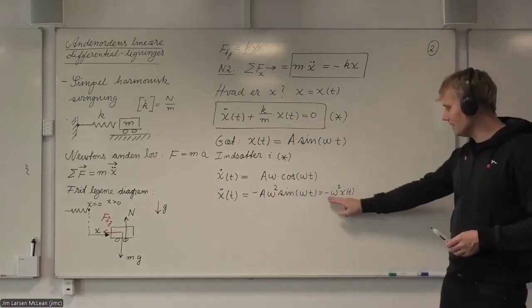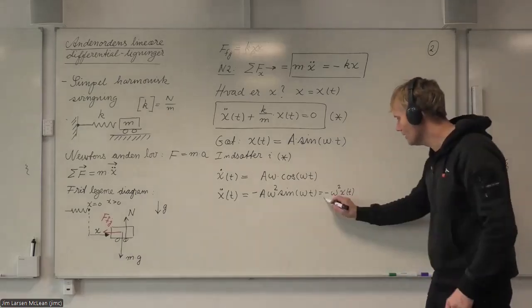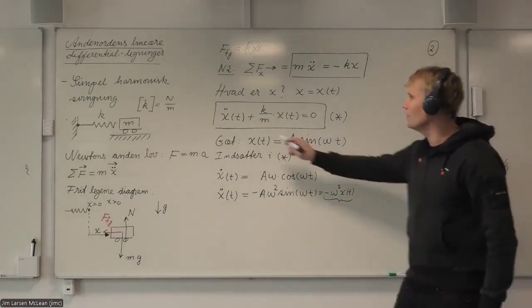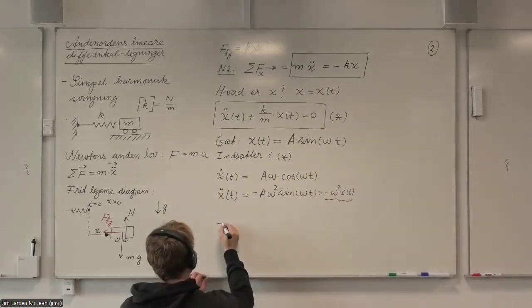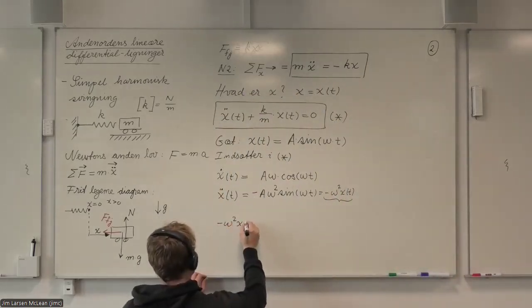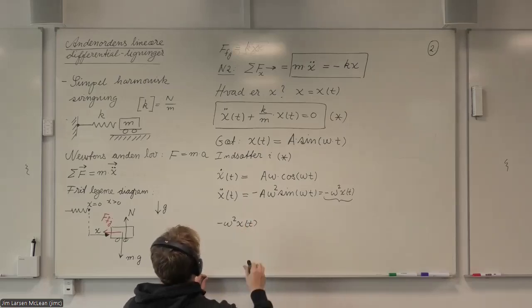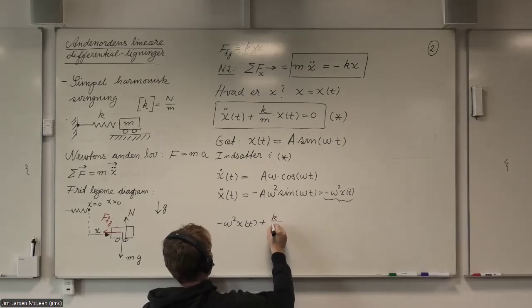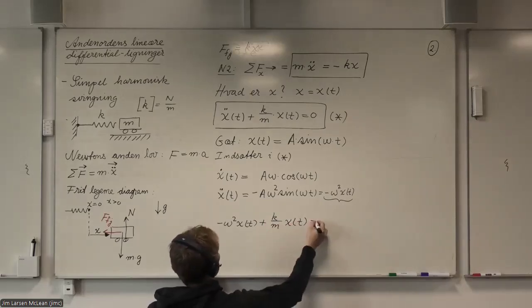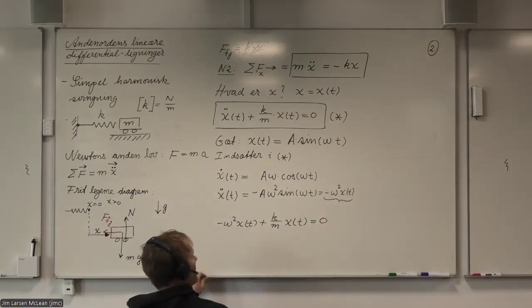So that means that what is written here, I can put in the x double dot slot. Then it says minus omega squared x of t, and then it says plus k divided by m times x of t, and it must equal 0. And it must equal 0 for any value of t.